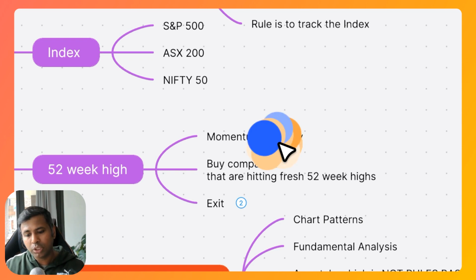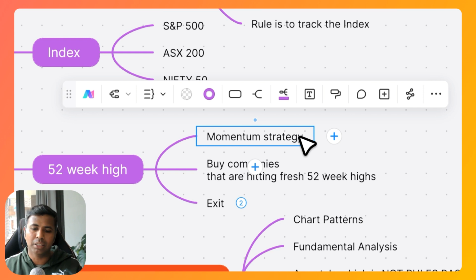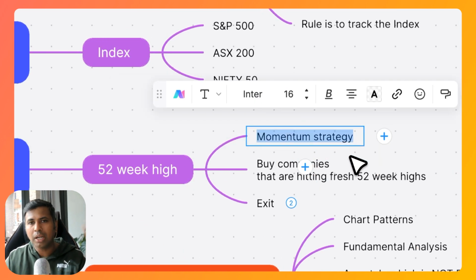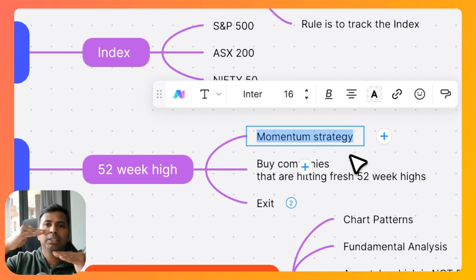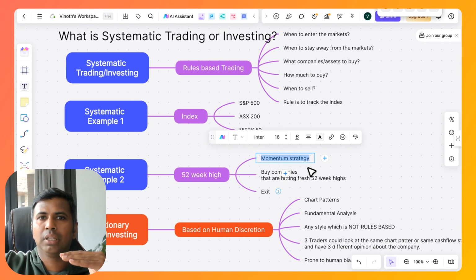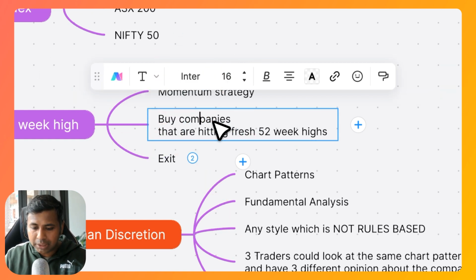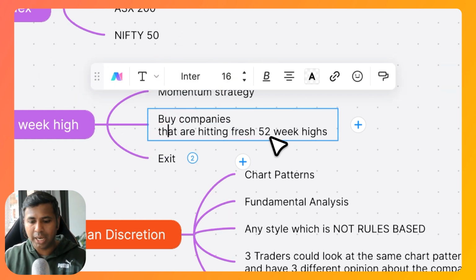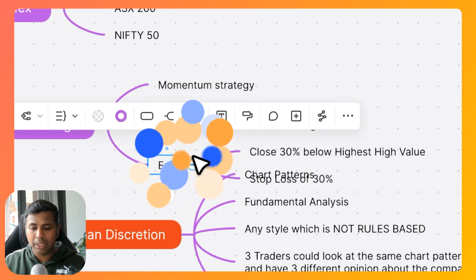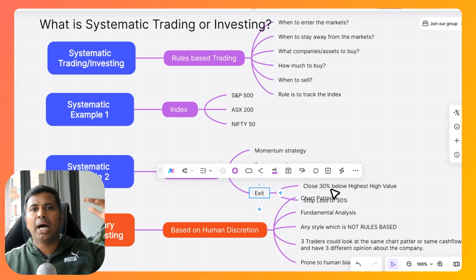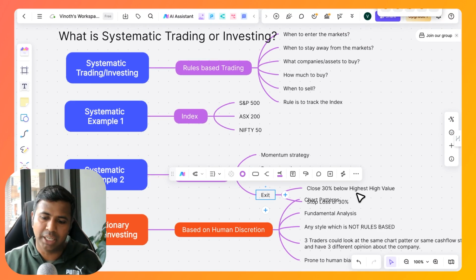This can be considered a momentum strategy or a trend following strategy. As the company hits fresh 52-week highs, the entry criteria is to buy those companies, and the exit criteria could be that once the company's price closes 30% below the highest value, that could be considered an exit.